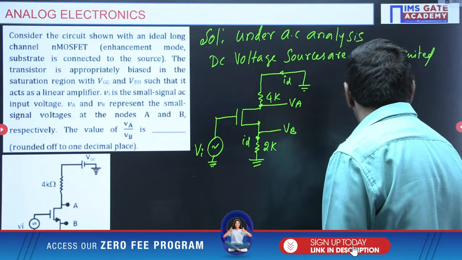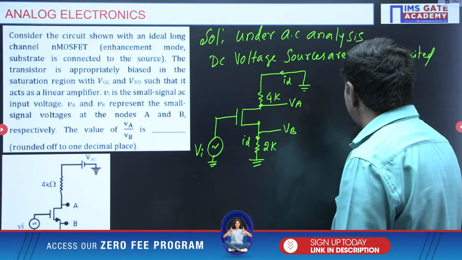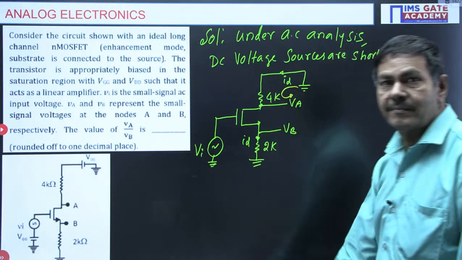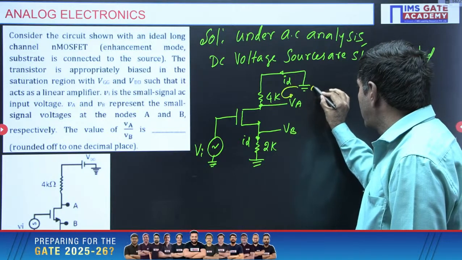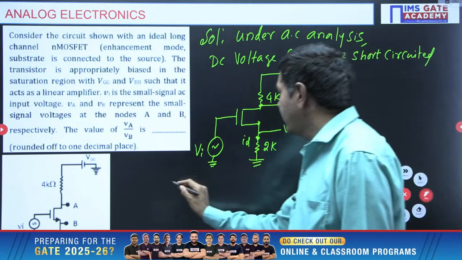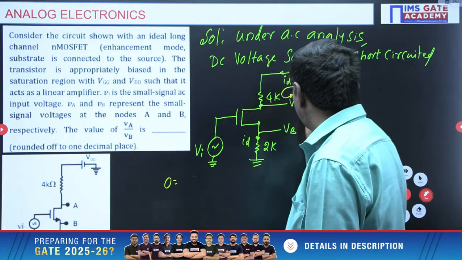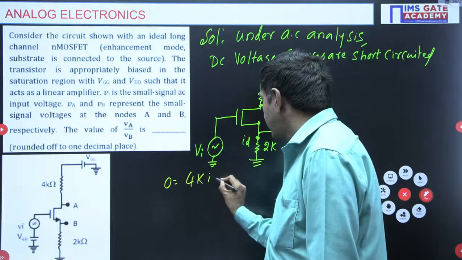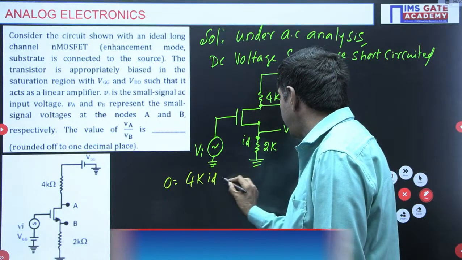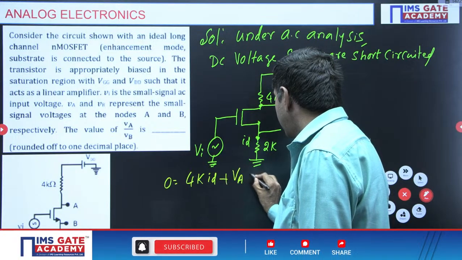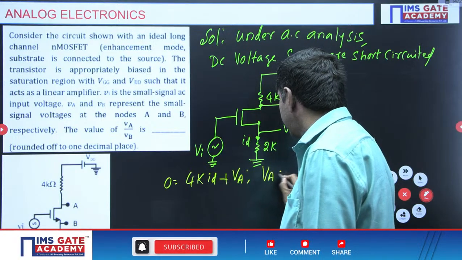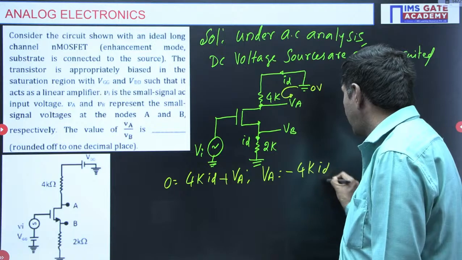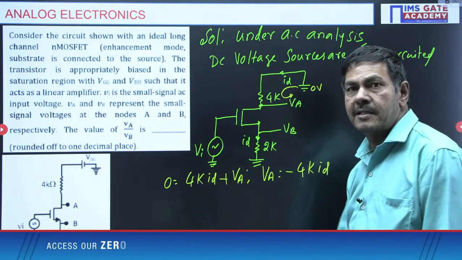By applying KVL on this side, this potential is 0, grounded. So 0 equals 4K into ID plus VA, so VA equals minus 4K into ID.